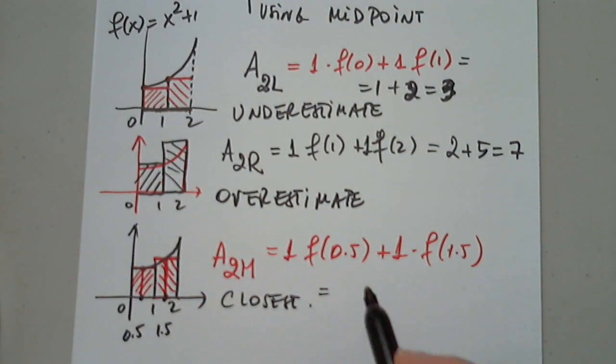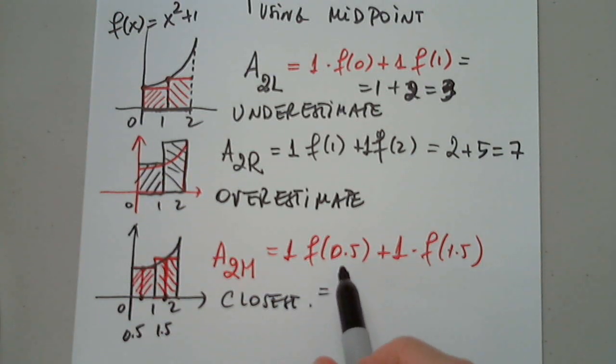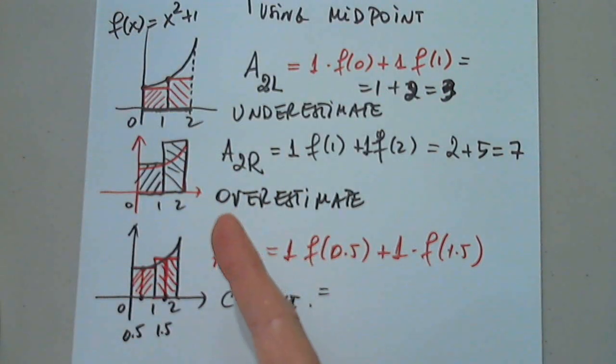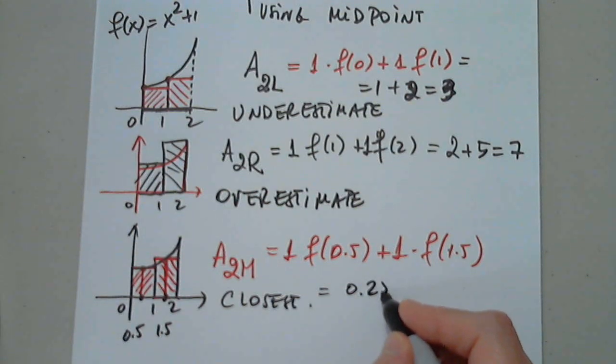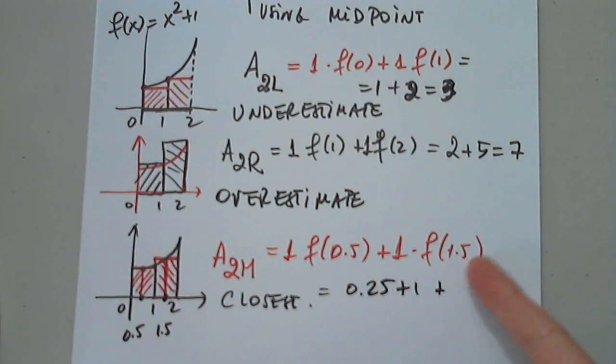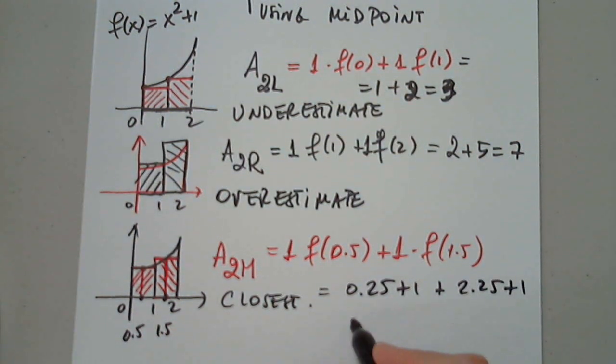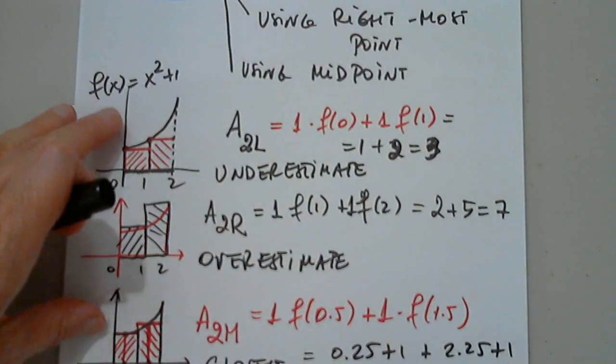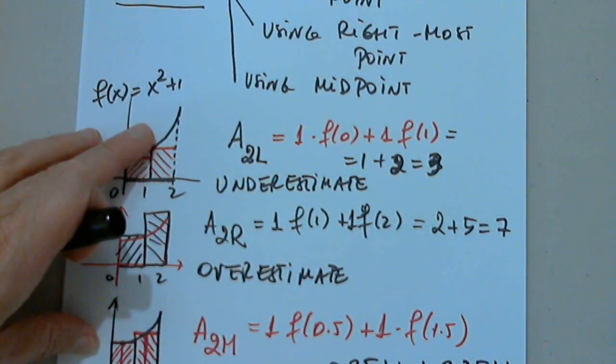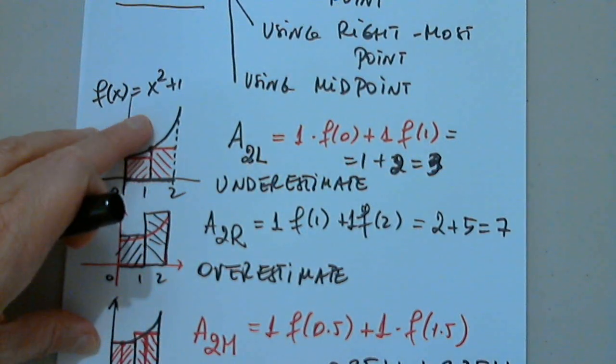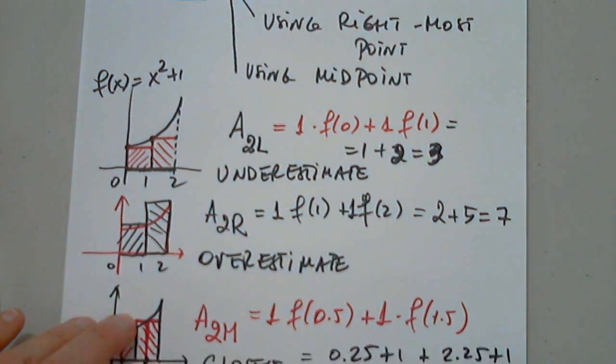Last one. F of 0.5 is 0.25 plus 1, and f of 1.5 is 2.25 plus 1. So 4.25, 4.50. Check my numbers. I'm going to check them again. This is 0.25 plus 1. That's correct. That's 2.25 plus 1 is correct.